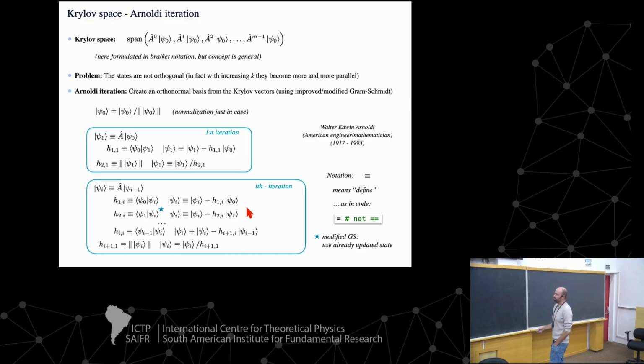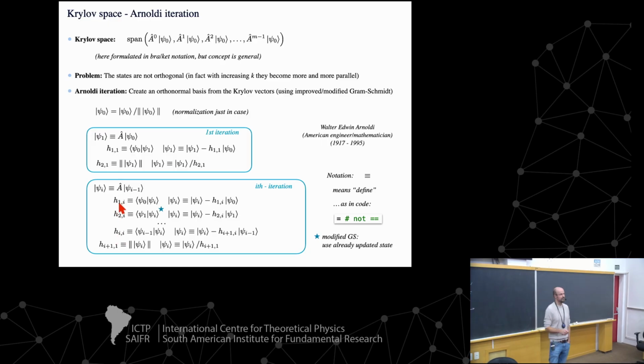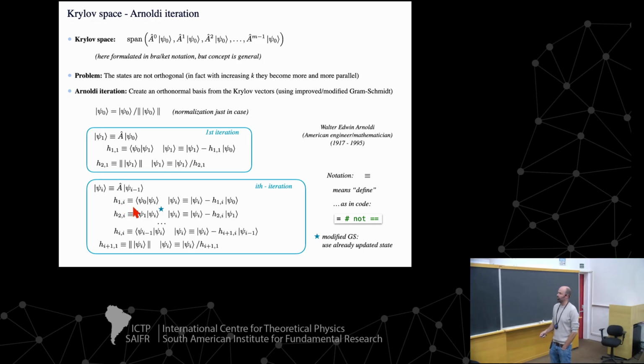And all of these overlaps I keep track of, and I call them h, and I really write them in a matrix, as you see. So I have here now matrix elements of this little matrix H, which you will see later what this matrix will be. So h1i, this is the overlap of the state 1, h2i, the other overlap element, and so on. And then when I'm finished with this, I just compute the norm again of my state and I renormalize it accordingly.